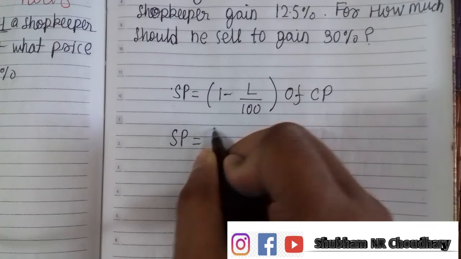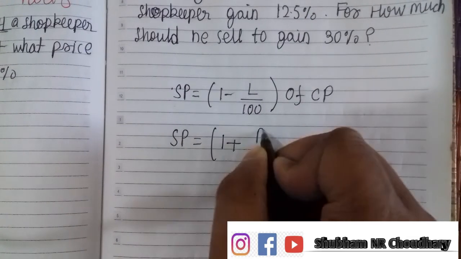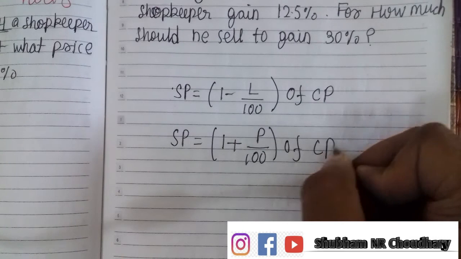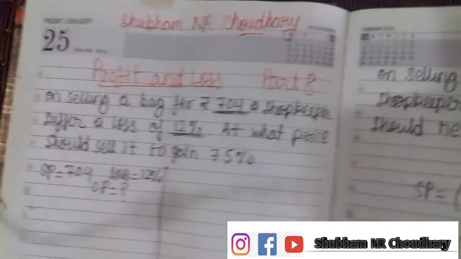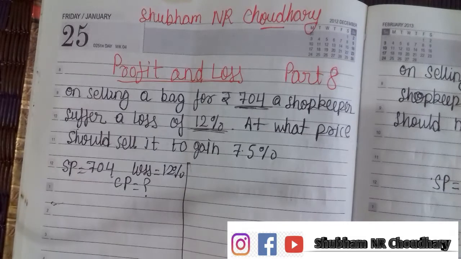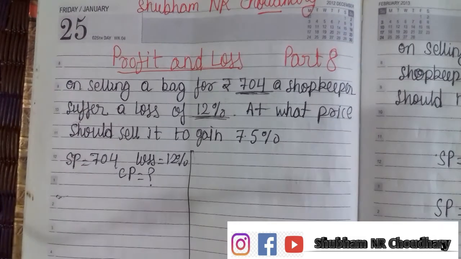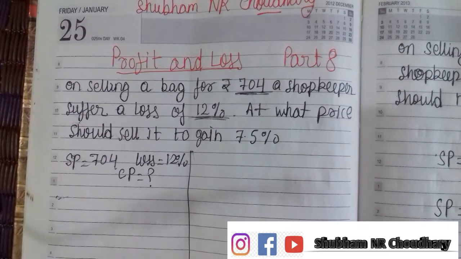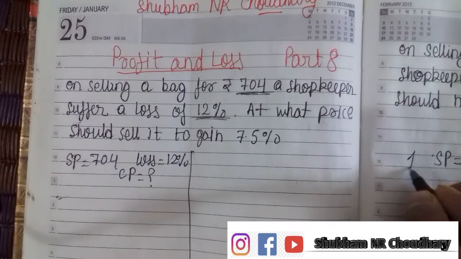The other is SP equals 1 plus profit by 100 of CP. I have taught this in other parts, so you can check that out. I just said it for clarity. Now we are losing in this, so we will use the number one formula.